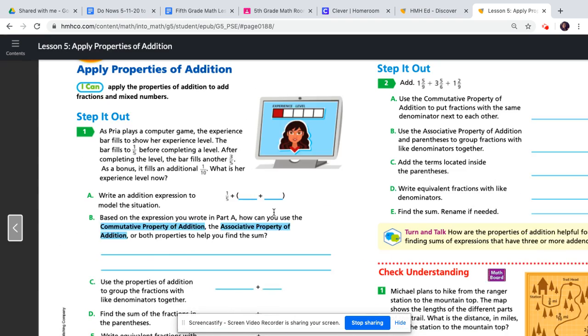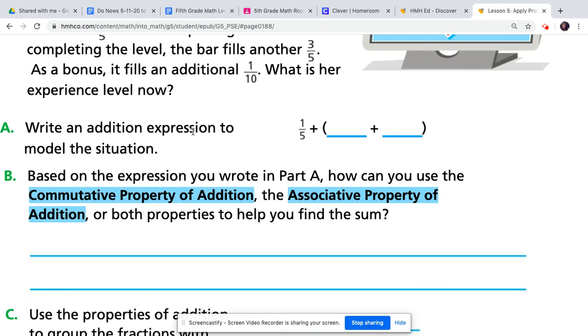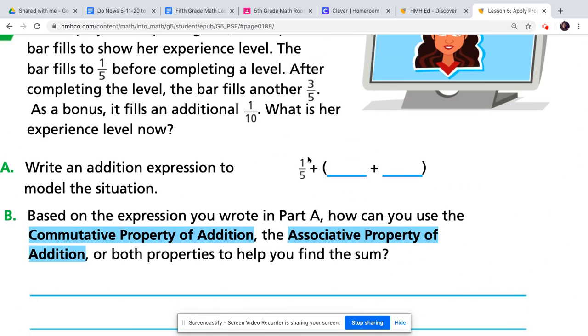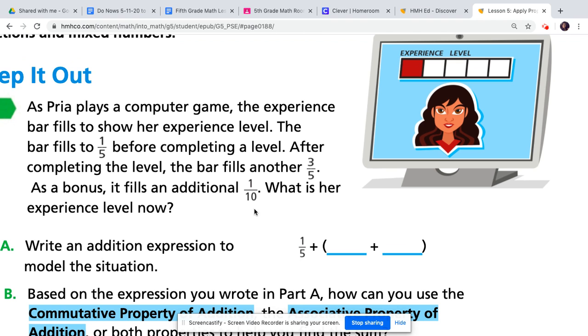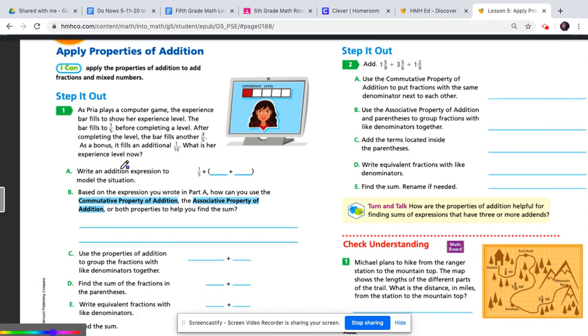Okay, so it's going to take us step by step to show us how we can find her experience level. The first part says write an expression to model the situation. So they already have the 1/5 for us. It wants us to model the next two parts. So how many other parts of her experience bar did she fill in? We can see that from the situation.